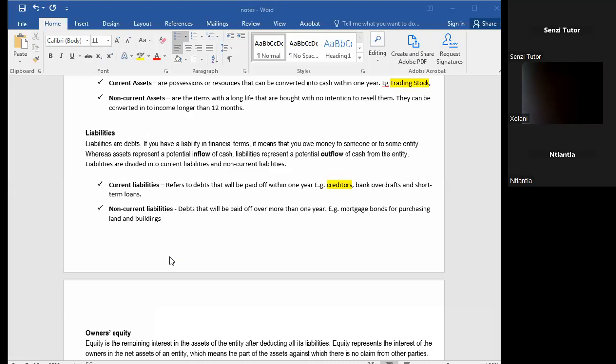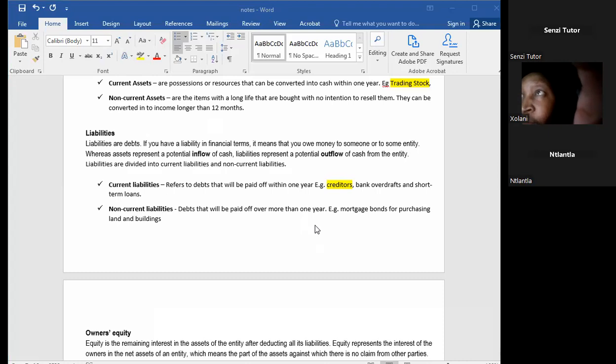So that is a long-term loan. Yes, that is long-term borrowings. Therefore, it will belong to the non-current liabilities. It will be regarded as a non-current what? Liabilities.